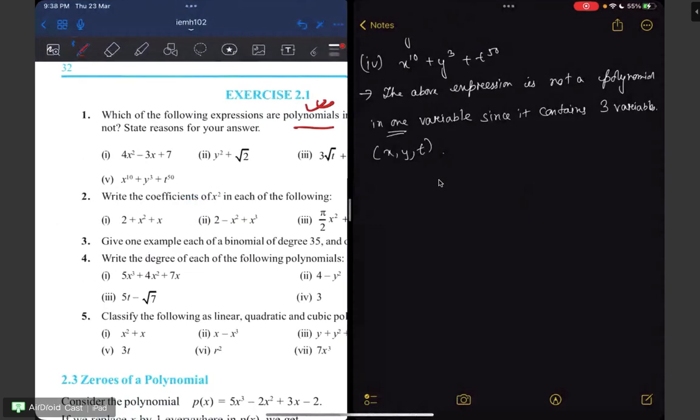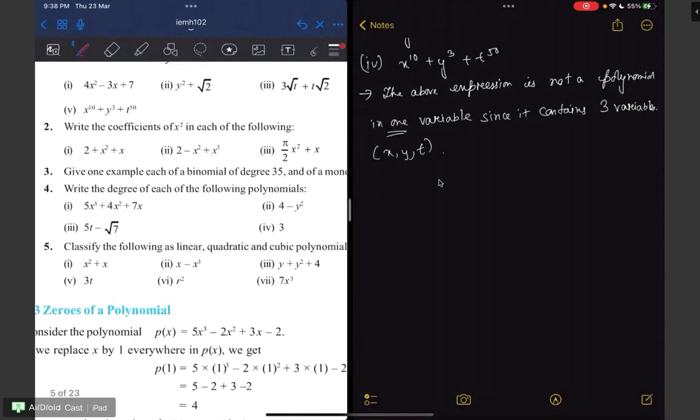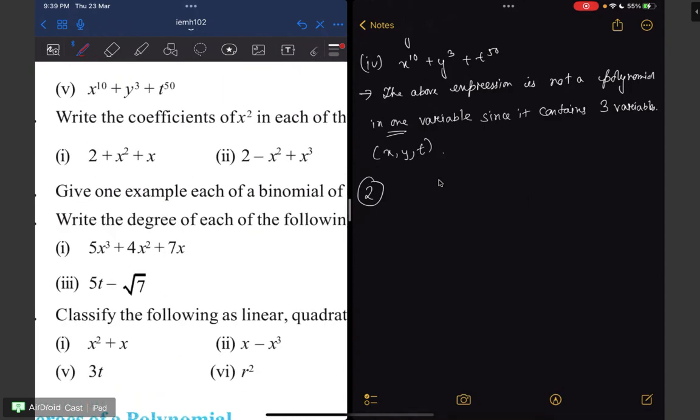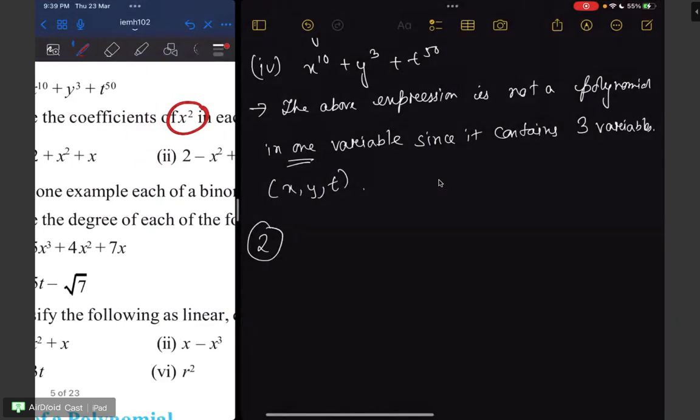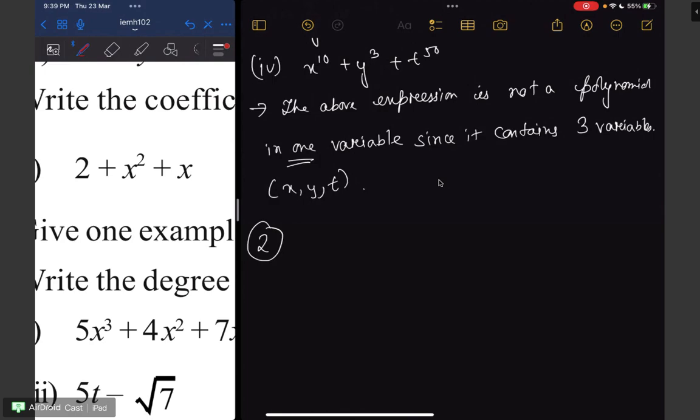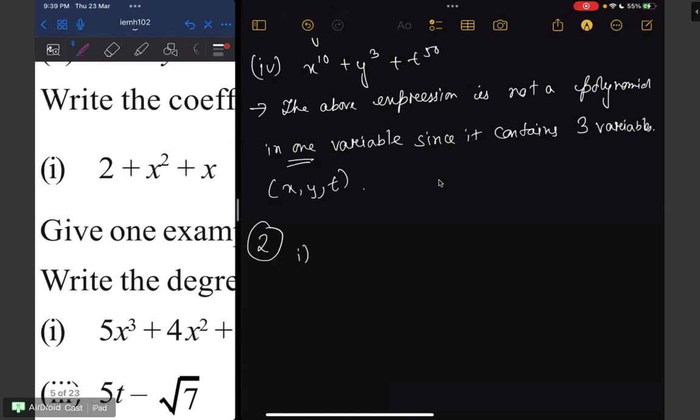Question number 2 asked us to write the coefficient of x square in each of the following. So let's try to find out how to find the coefficient of x square. In the previous class I already taught you a rule to identify the coefficient of a particular variable. So the expression here is 2 plus x square plus x.